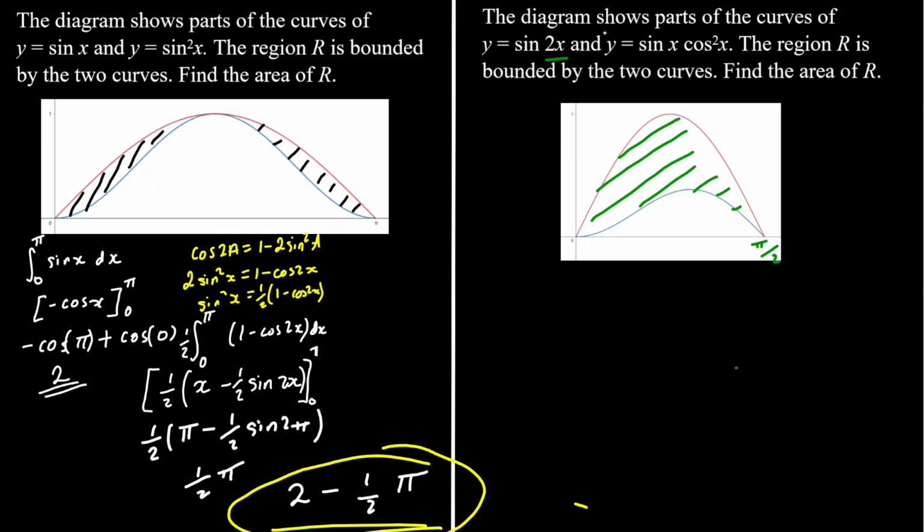So we're going to integrate both of these. Sine 2x is going to be the easier one to integrate. So between pi over 2 and 0, the integral of sine 2x with respect to x. So sine integrates to give a negative cos, and we divide by the bracket differentiated.